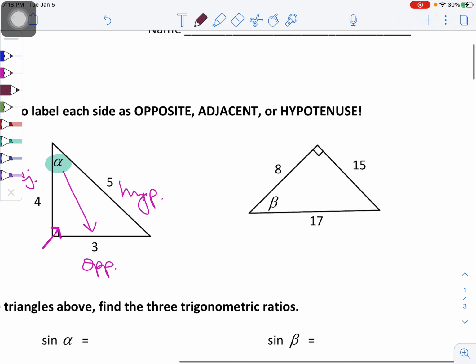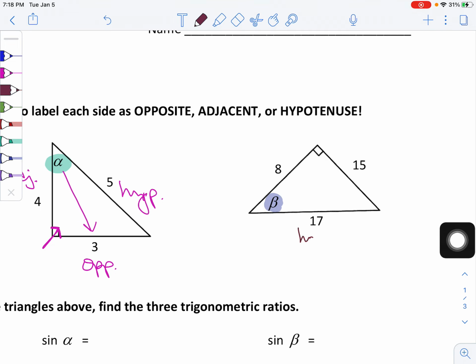Let's move on to the last one here. This reference angle is beta. If we label our triangle, again, order doesn't matter. So if you look at beta, you might actually want to go with the right angle first. Go across from that, 17 is going to be your hypotenuse.